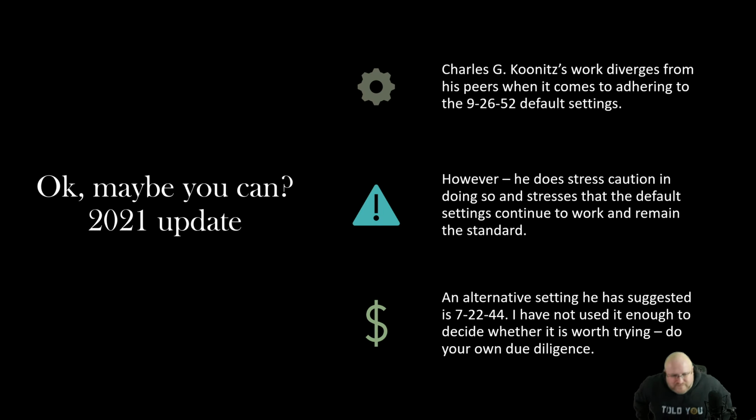But Kunitz's book, he actually gets ballsy and has a little section about how to anticipate changes or get ahead of changes that may happen. And he suggests using, for the 5-day trading week that we have here in the West or the stock market, 7, 22, and 44.